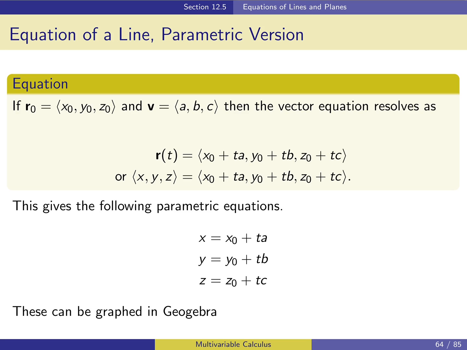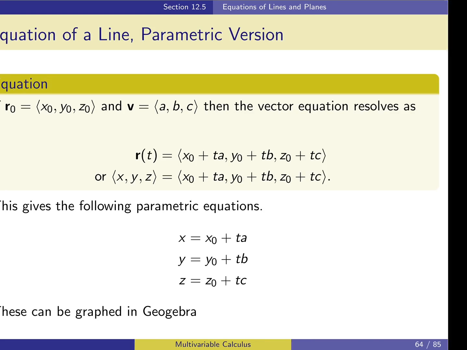The x-coordinate of the points on the line is always going to have the form x0 + ta. The y-coordinate is always going to have y0 + tb. The z-coordinate is going to have the form z0 + tc. If we plug in different values of t, we get different x, y, and z coordinates of the points on the line. We're going to be able to graph these parametric equations in GeoGebra in order to figure out what a line looks like.